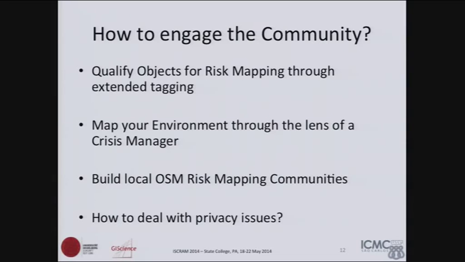And this is what we are calling map your environment through the lens of a crisis manager. So that you see, well, we have to map an object, what kind of information of this object, of this building, etc., is of particular value for a crisis manager. For example, in this case that I was referring to previously.